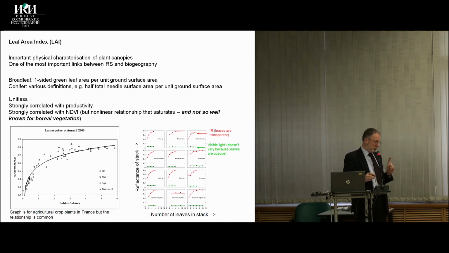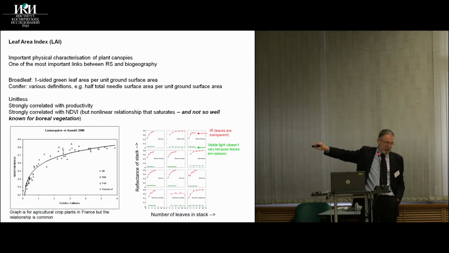So there's a couple of things to say about this relationship. One is that it saturates, and the other is that we are less certain about the relationship between NDVI and leaf area index for boreal vegetation than we are for more temperate vegetation. So here's an example. It's actually not for forest at all.